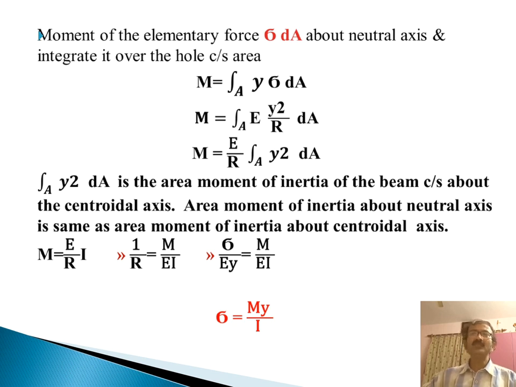This integral of y square dA is the area moment of inertia of the beam cross section about the centroidal axis, that is the second moment of area or moment of inertia, denoted by the symbol I. So M equals E by r into I, so 1 by r equals M by EI. Finally we get sigma equals M y by I.